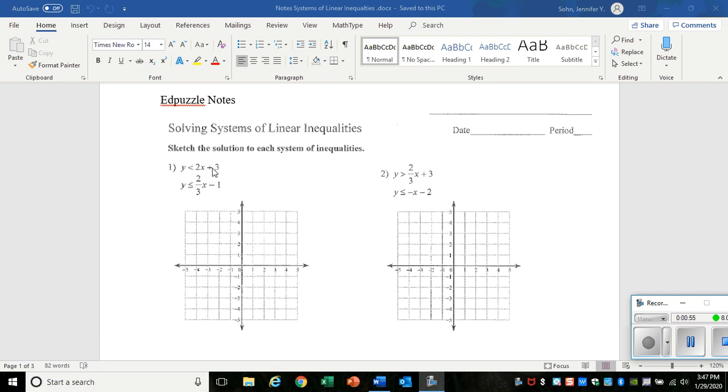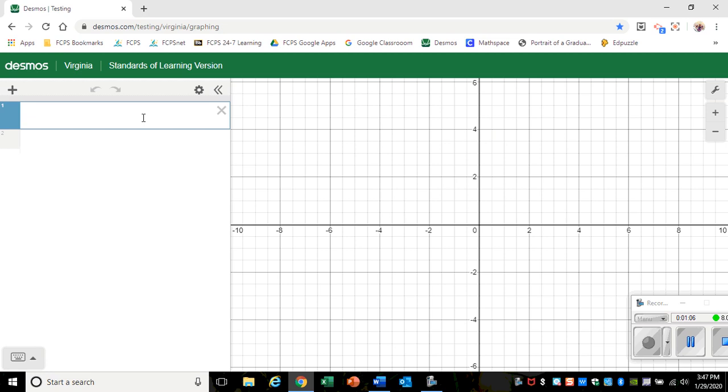And we're going to type these on Desmos first. So I'm going to ask you to open Desmos with me. And then we're going to type the first two inequalities.